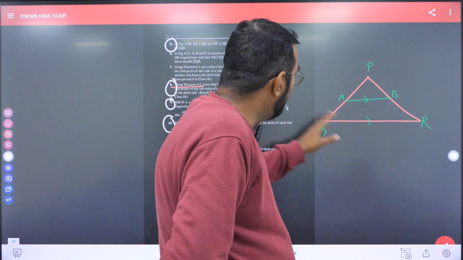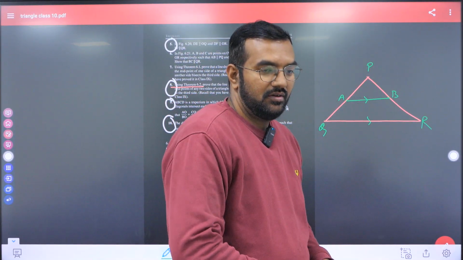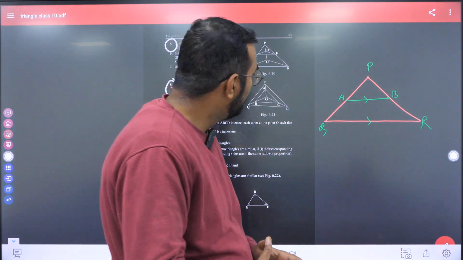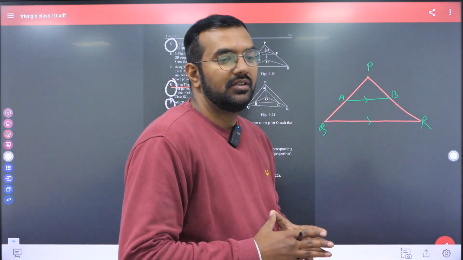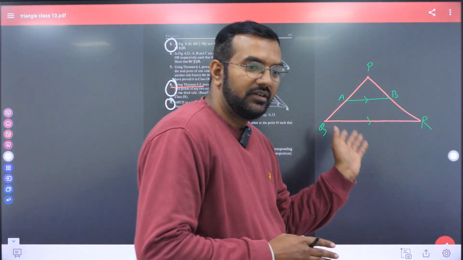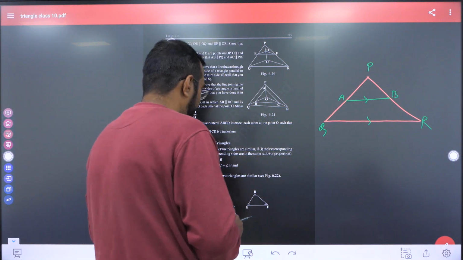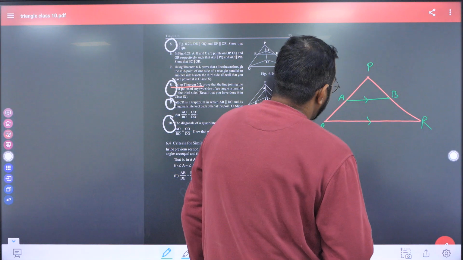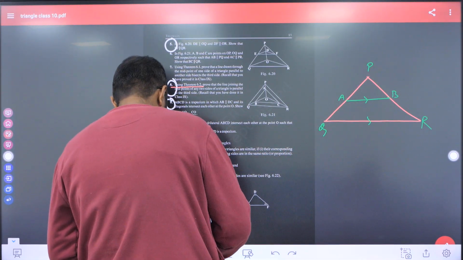Here we have to prove it using theorem 6.2, that is the converse of BPT, not the way we proved it in class 9th. So let's see, beta. This one is going to be very easy, I think.